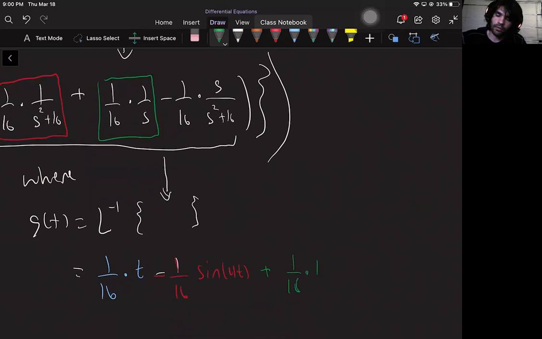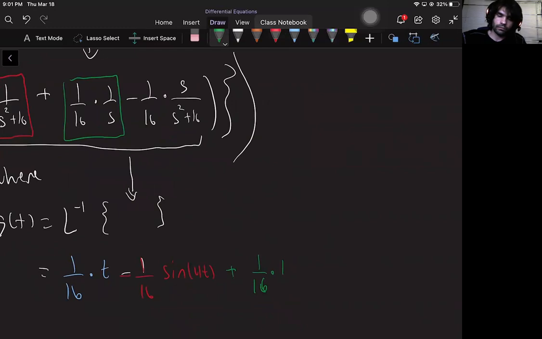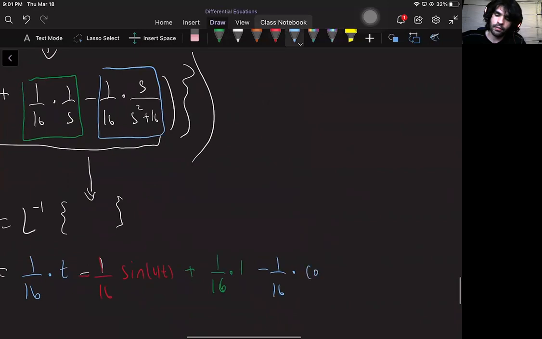The Laplace transform of 1 is what gives you 1/s, if you remember. And then finally, minus another 1/16. This is actually a cosine, if you look in that table, of 4t.